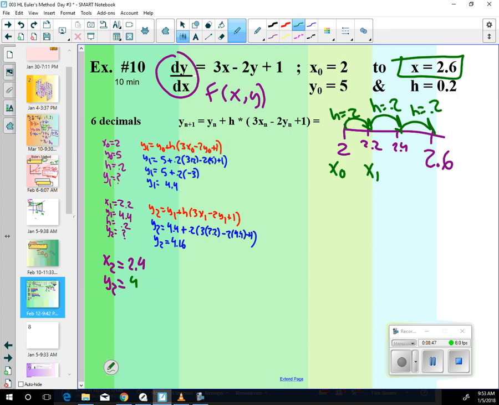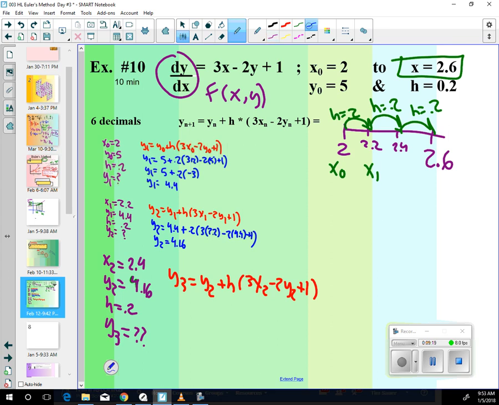So you have 4.16. h is still 0.2. y3 is going to be, don't know. So then we go ahead and put y3 equals y2 plus h times 3x2 minus 2y2 plus 1.